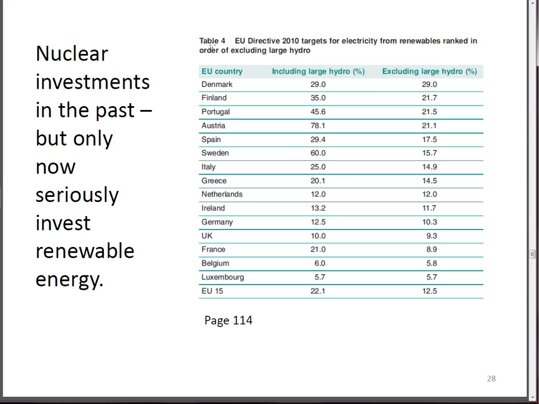So I think I can see the UK here, over here, UK and France. 10% for the UK, 21% for France. You can explore this table in more detail, and you will see the jump and the differences between the countries. So it should be noted that only now we're seriously investing in renewable energy.